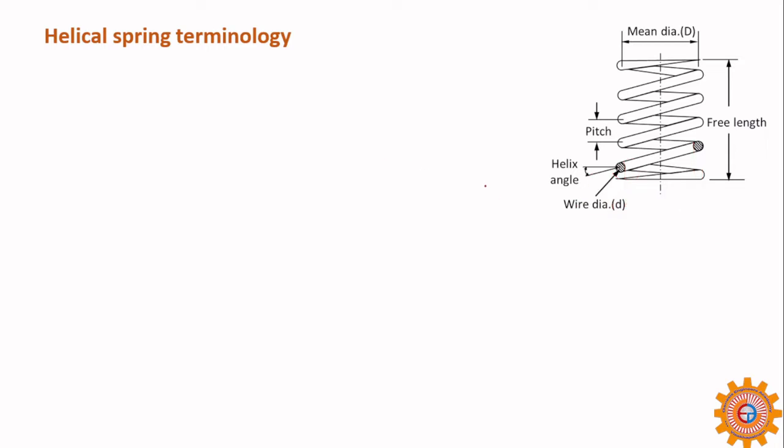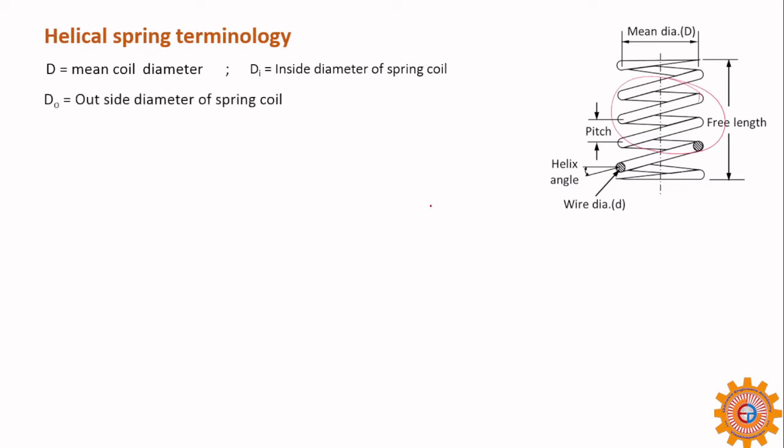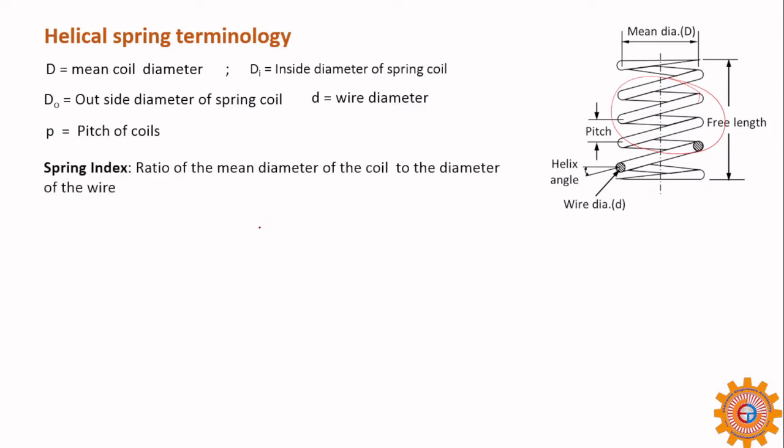So D is the mean coil diameter. Di is the inside diameter of the spring coil, and the outside diameter of the spring coil is also shown. d is the wire diameter, that is small d, and this is the pitch of the coils.